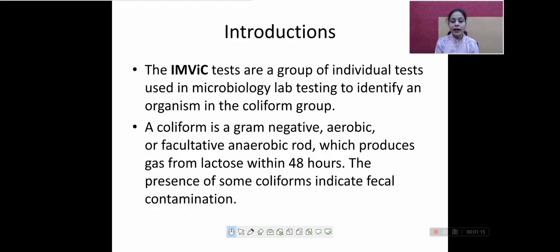The presence of coliform indicates fecal contamination. Mainly this coliform group of bacteria are present in fecal contamination. So if these bacteria are present in the sample, it means there is fecal contamination. Right? So IMVIC tests are a group of individual tests used in microbiology lab which confirm organisms like the coliform group.